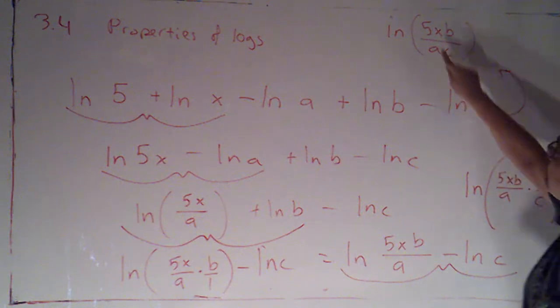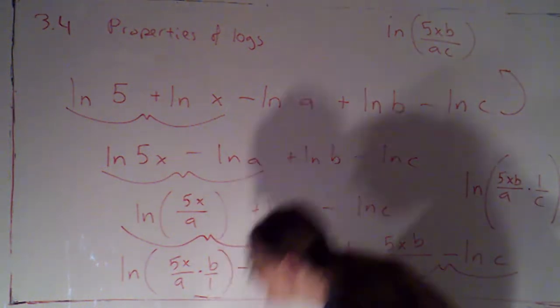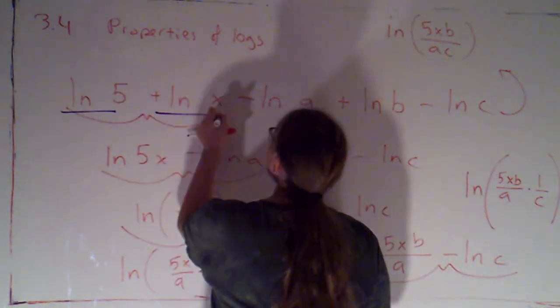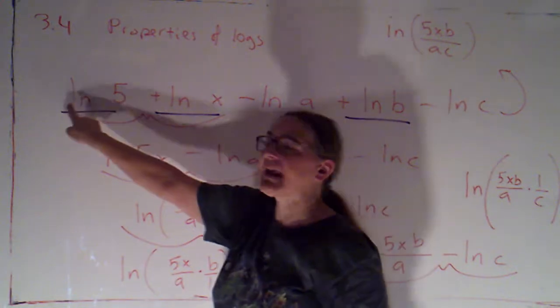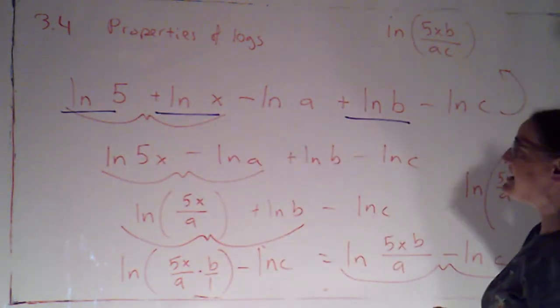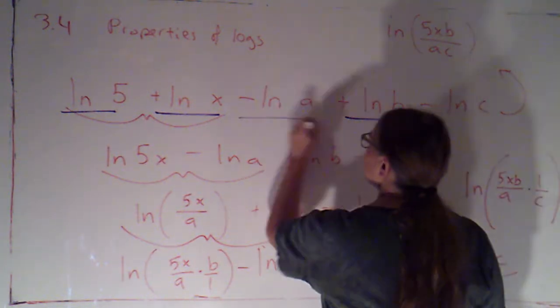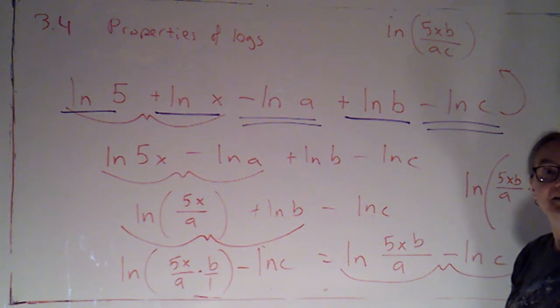Now notice, 5x and b ended up on top. 5x and b were the three terms where I had a positive copy of that log. A and c ended up on bottom. A and c were the two logs that I was subtracting.